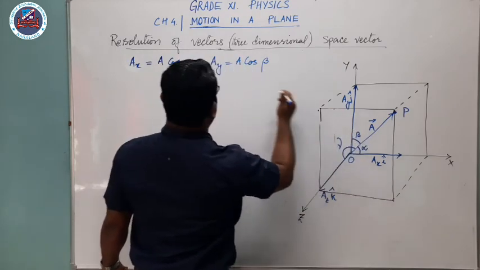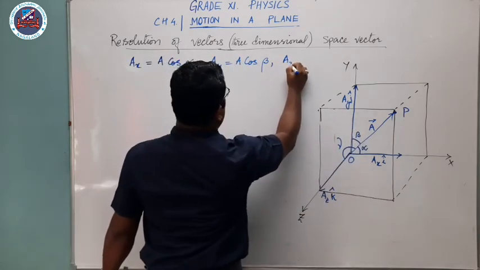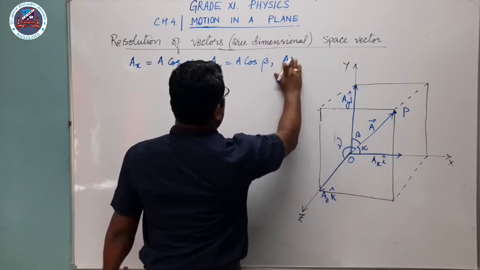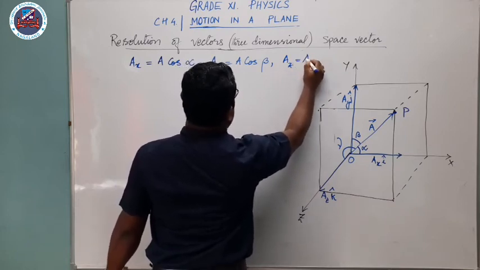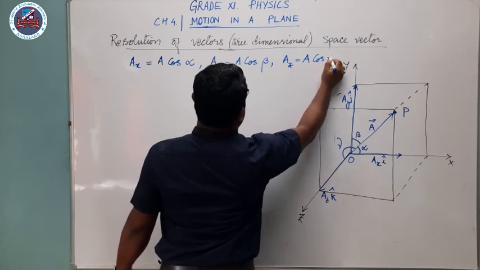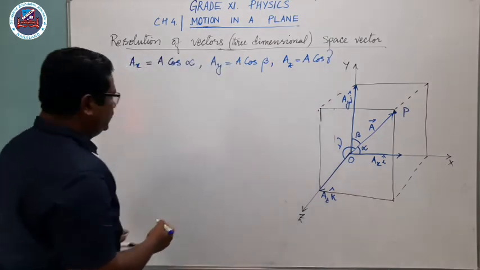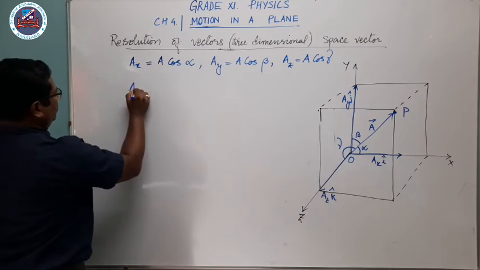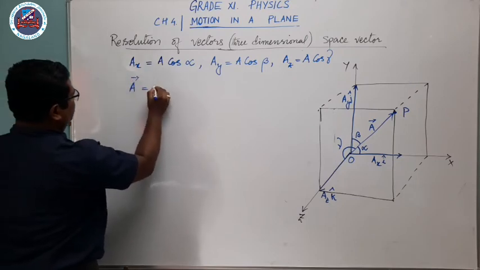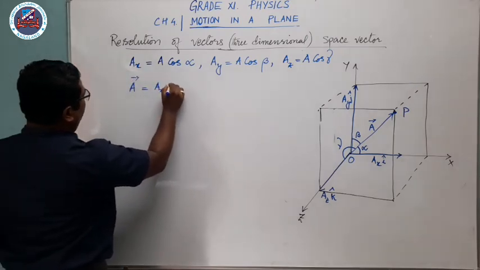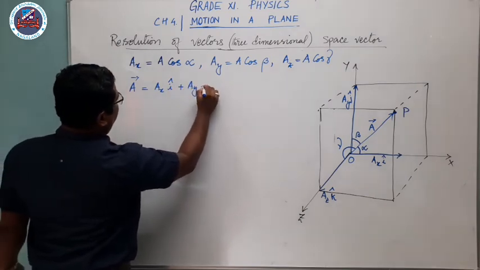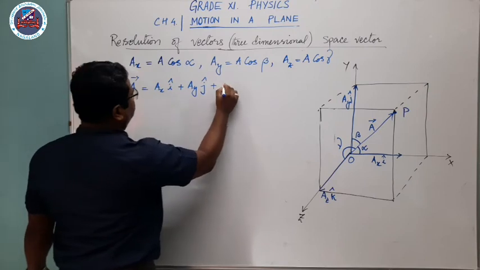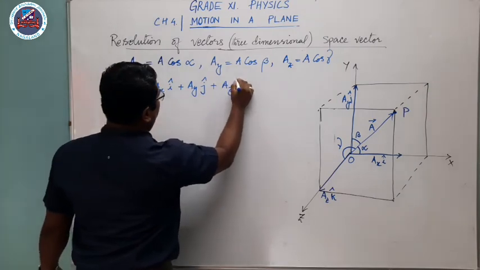And Az will be A cos gamma. And vector A we have resolved as Ax i cap plus Ay j cap plus Az k cap.